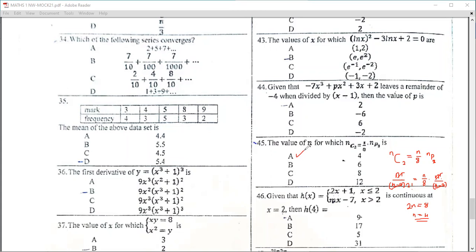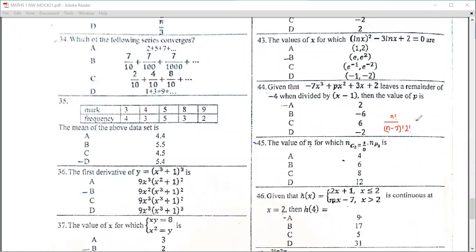However, I would just like to make a small note here in case you had something like 3, because they are telling me that the value there is 2, but I don't know what if it is 3. So if it is 3, this is what you are going to do. You have n combination 2, so we'll have n factorial, all this over n minus 2 factorial times 2 factorial.